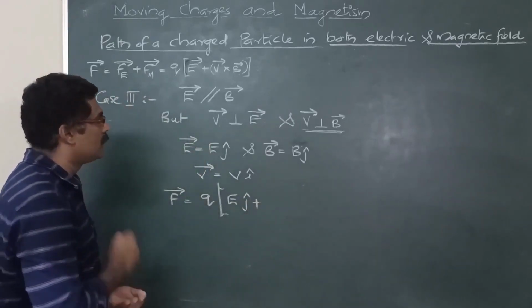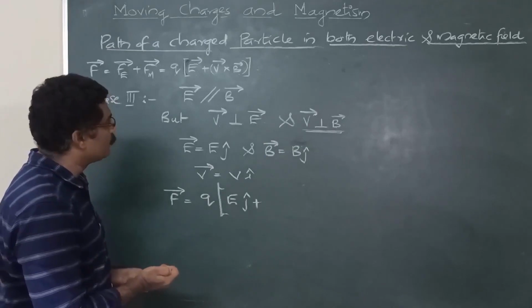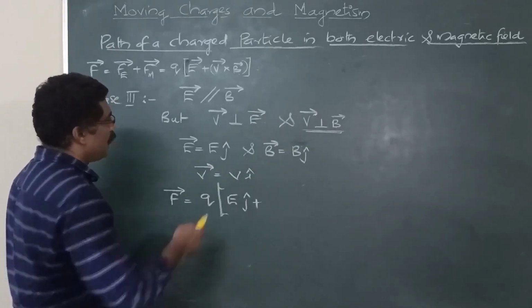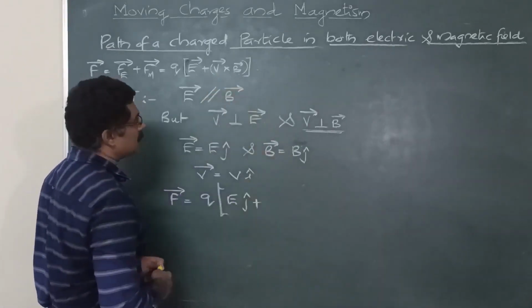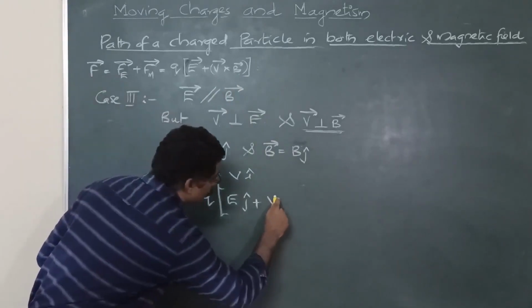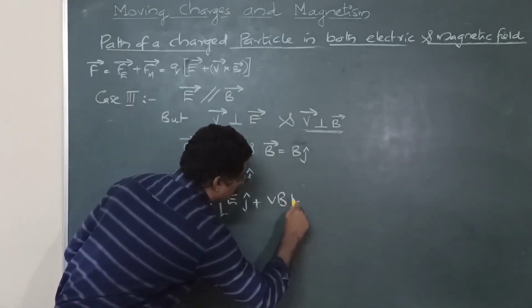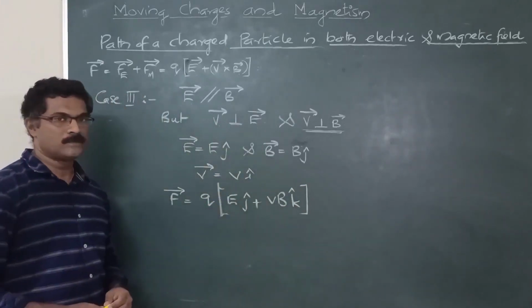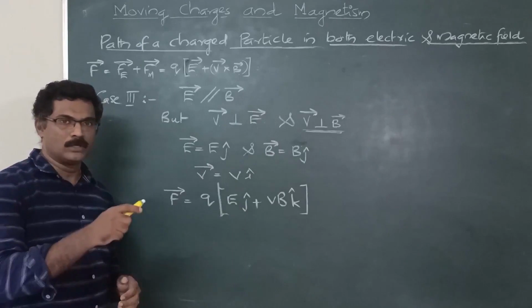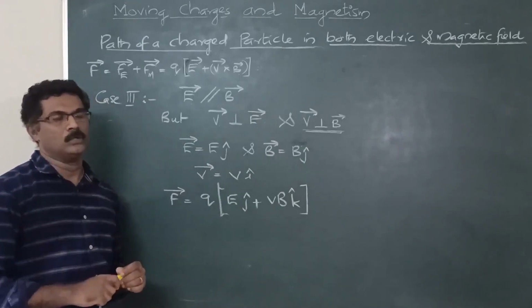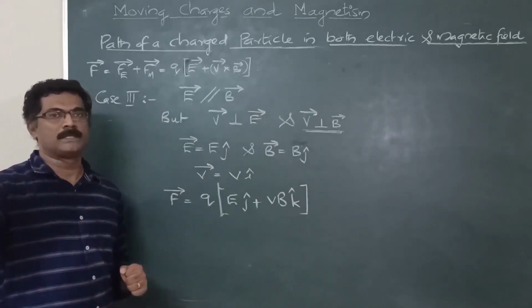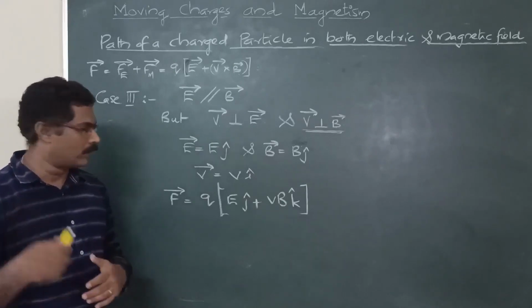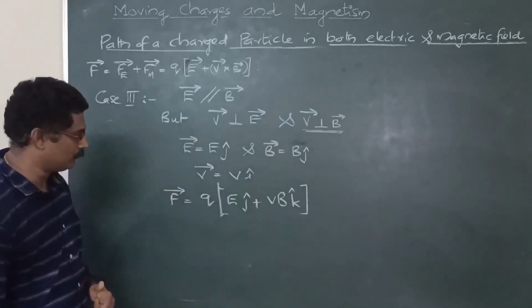V cross B means the velocity is i cap cross j cap, that is k cap. So it is equal to VB k cap. So this is the net force, and you can find its magnitude, F is equal to root of Fx square plus Fy square plus Fz square, that we already studied. You can find the magnitude.